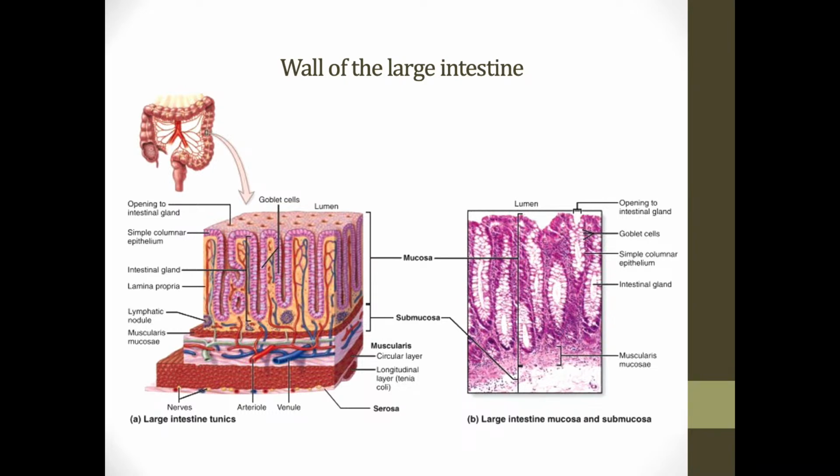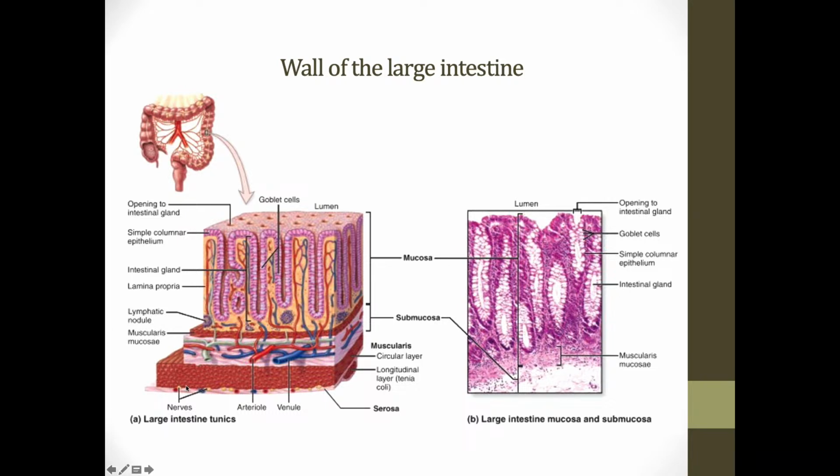These bands have the name Taenia coli. What are Taenia coli? They are the muscle fibers in the longitudinal layer. Three bands of these fibers are present.